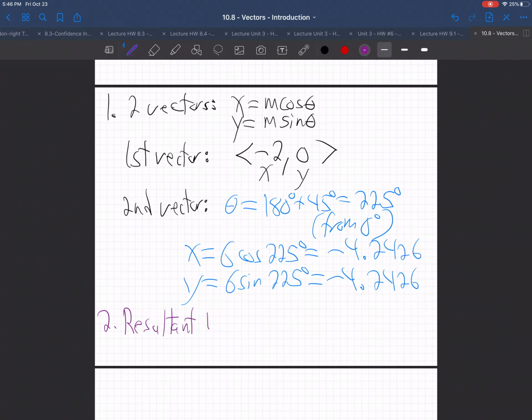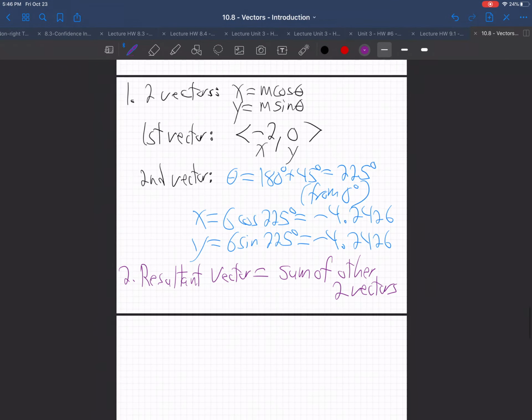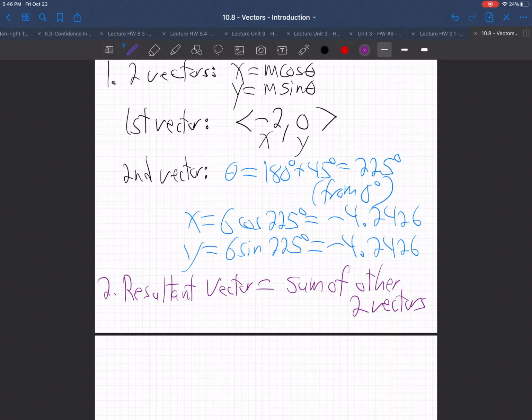the resultant vector will equal the sum of the other two vectors. So I'm going to add up the other two vectors. I'm going to take the first vector, which was minus 2, 0. Sorry, that's kind of scribbly.